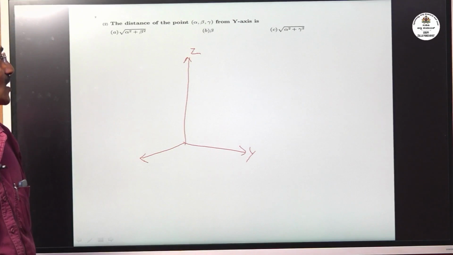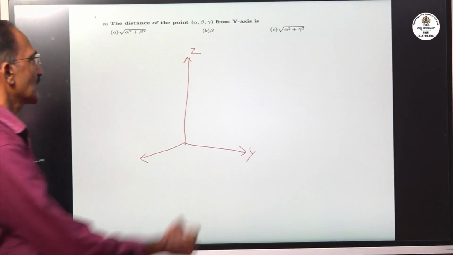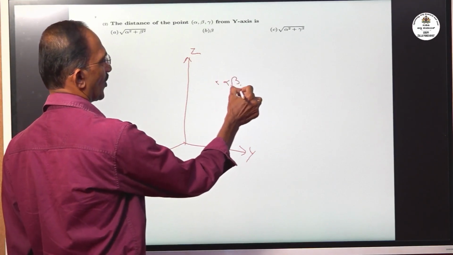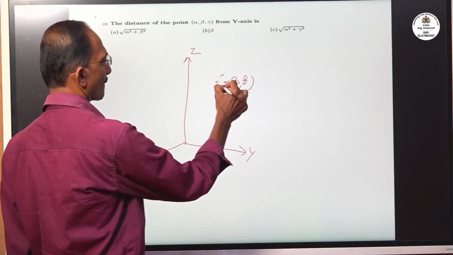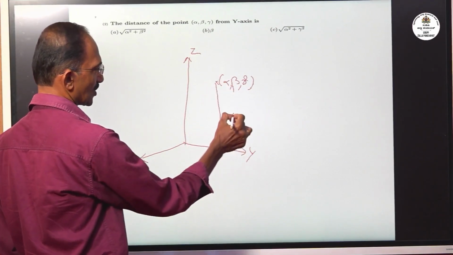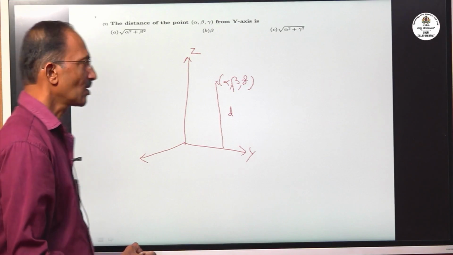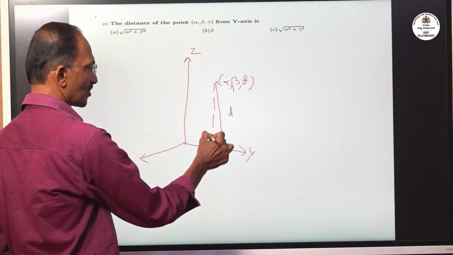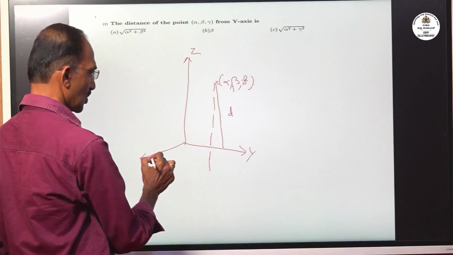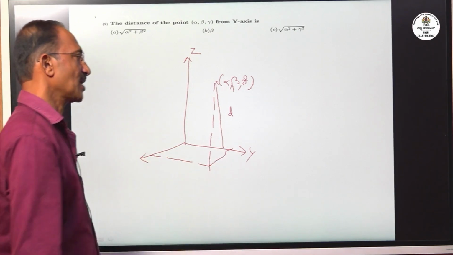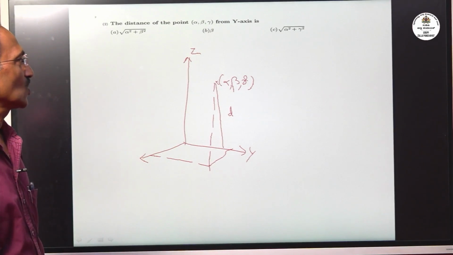The point is alpha beta gamma, and let its distance from the y-axis be d. If you drop a perpendicular from the point alpha beta gamma, clearly these are the distances from the x-axis and y-axis. So what is d?